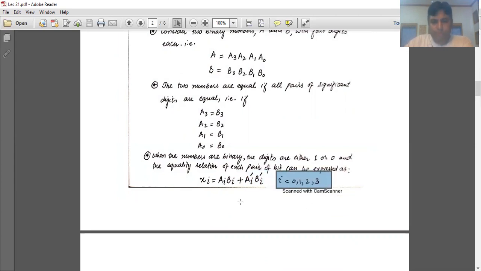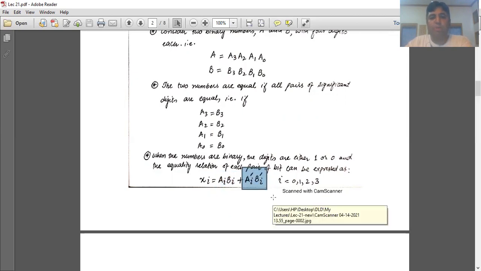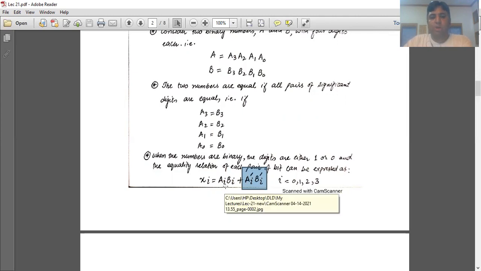This means that if A3 is 1, then B3 is also 1, and if A3 is 0, then B3 is also 0. This general equation tells you that if two numbers are equal, their corresponding significant bits will be either both 1, A_i B_i, or both 0, A_i' B_i'.